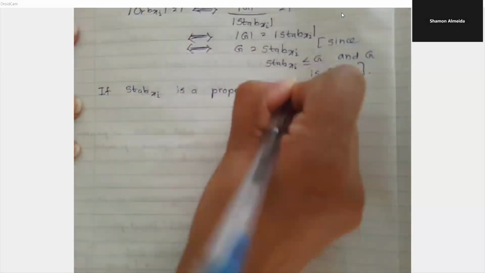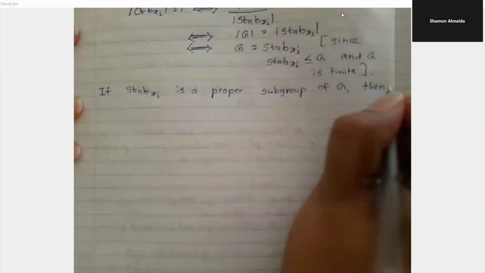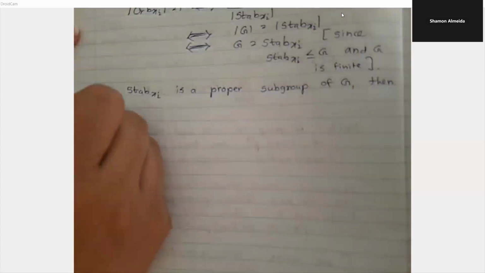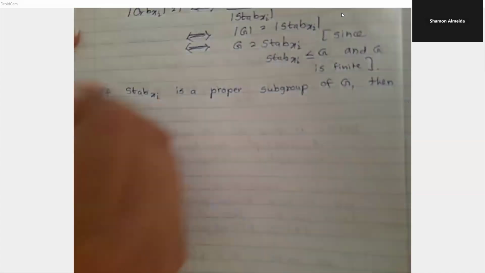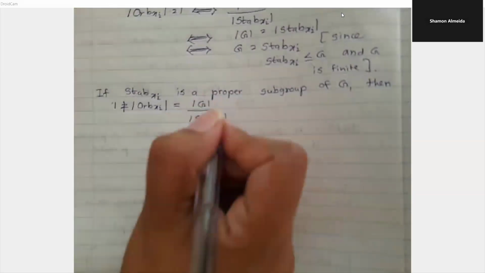So if I write it, if stab of xi is a proper subgroup of G, then the order of the corresponding orbit cannot equal 1, and we know this is equal to the number of elements in G over the number of elements in the corresponding stabilizer.